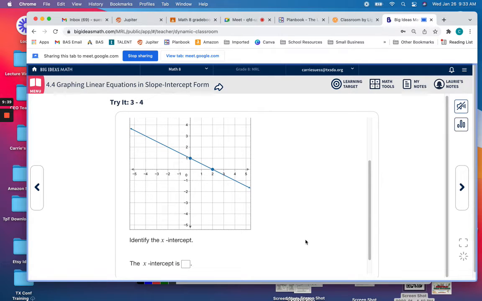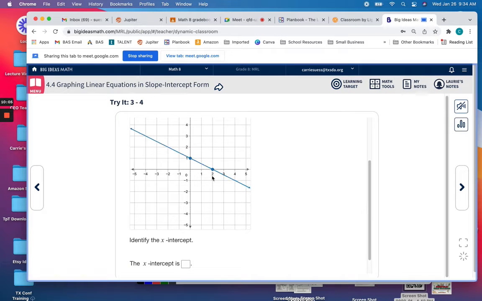So what is the x-intercept? Where does it cross the x line? The x line is the horizontal line. So our drawn line, where does it meet the x line?